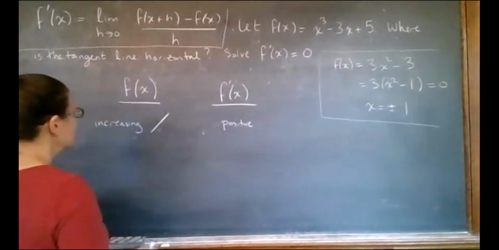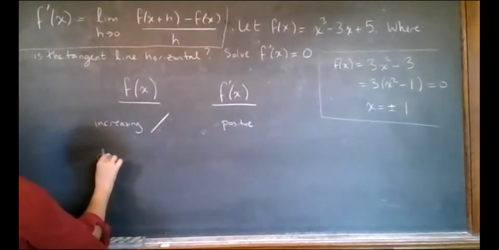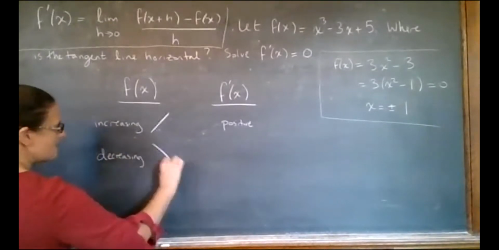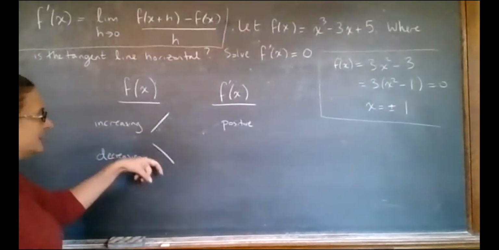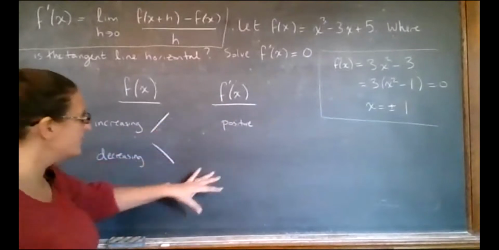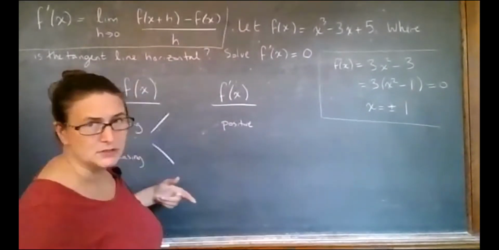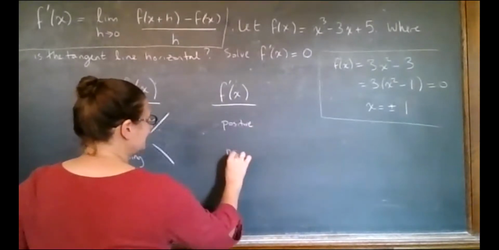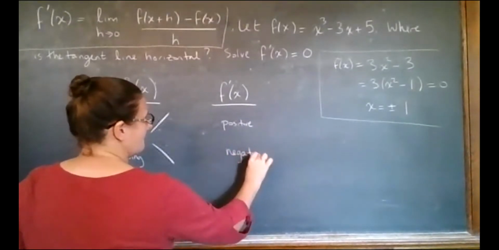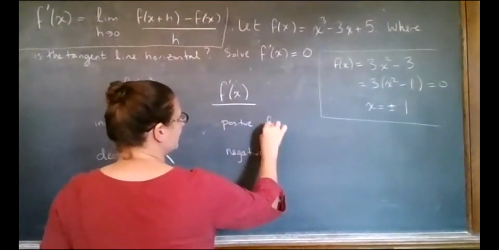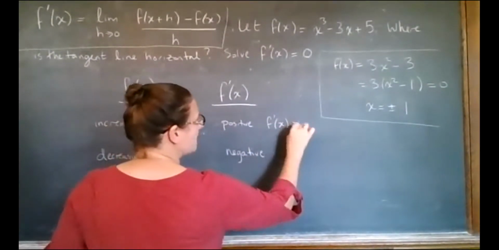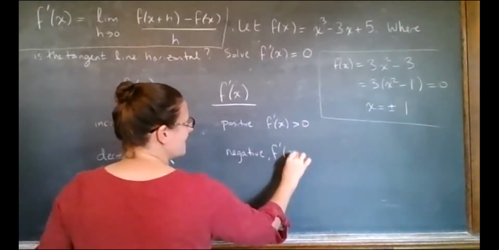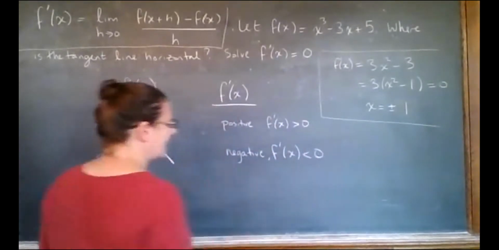right? Now the opposite thing is going to happen when I'm decreasing. If my function is decreasing, the slope is negative, so the derivative has a negative value. So the derivative has a positive value when increasing, and a negative value when decreasing.